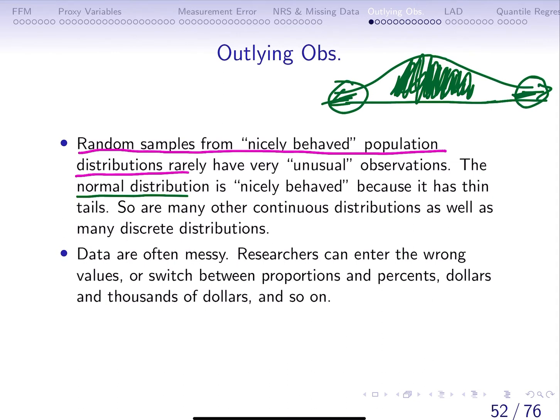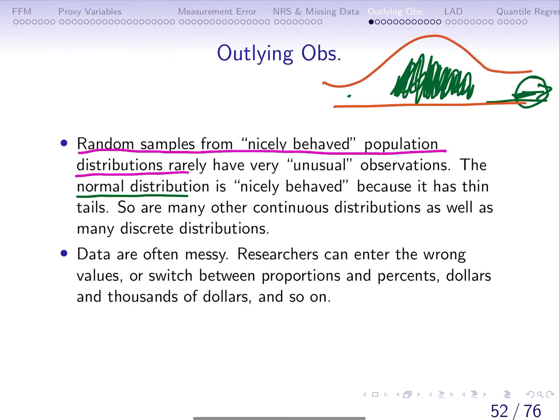If we do encounter outliers, we need some kind of method to deal with them. In financial data, for example, which we'll cover next semester, there are a lot of extreme values, and those tails are actually very fat, because extreme values can occur in financial markets.